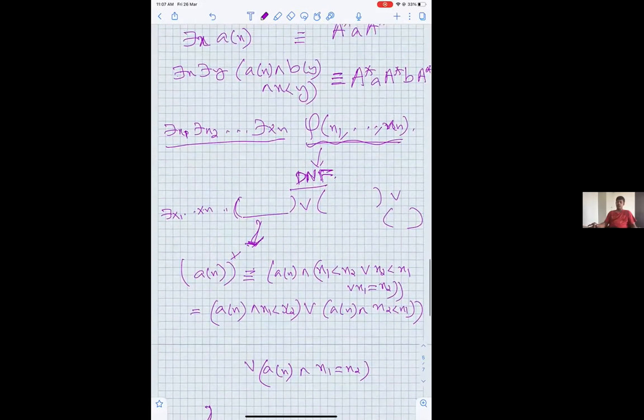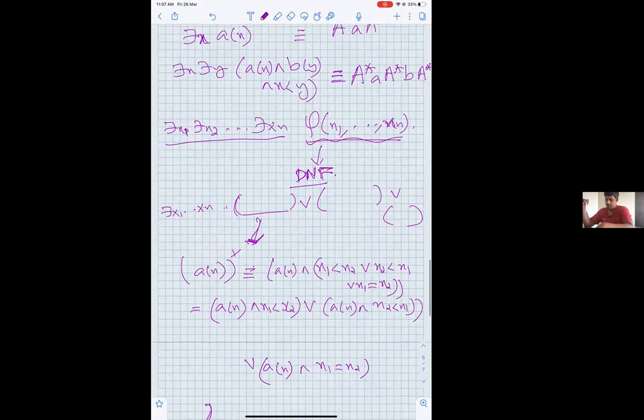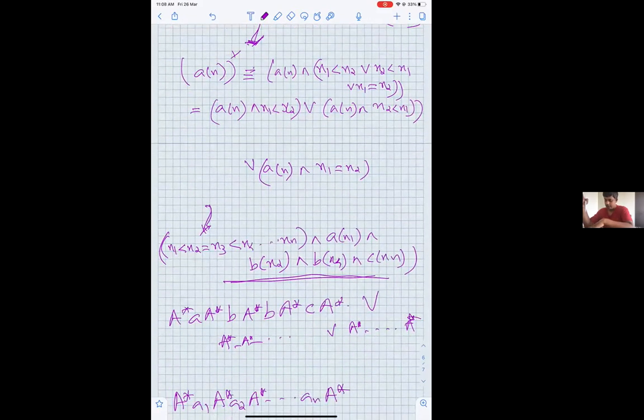This is how, from a logical formula, you come to the corresponding expression of languages. You enrich the formula so that you get a nice form by first writing it in CNF or DNF and then adding these formulas. Finally you say, look, this formula is a language of this form.